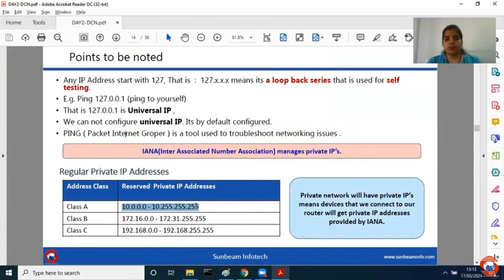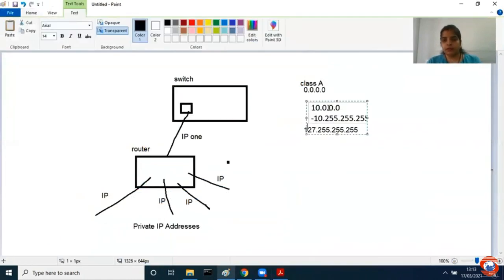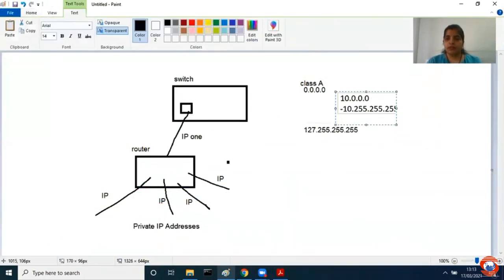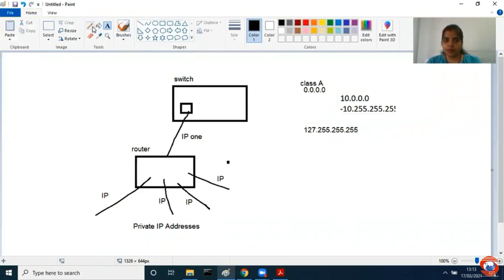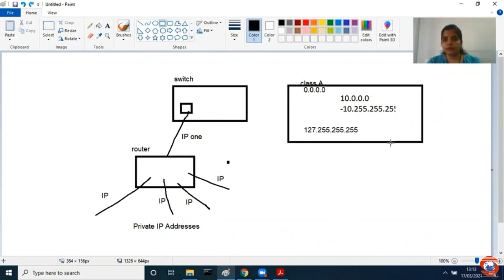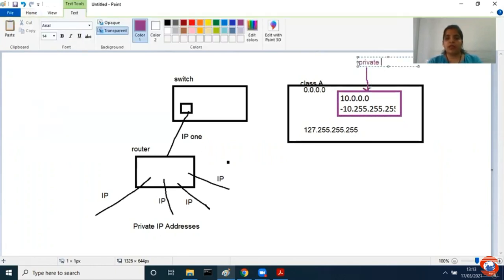Can I say this particular IP address, which I'll just paste, जो ये वाला IP address है, comes within the range of class A? क्या ये मेरे class A के range में ही आ रहा है? Yes. Every class has its own reserved IP addresses. And this is decided by IANA, which is an organization. This reserved IP address is called a private IP address.